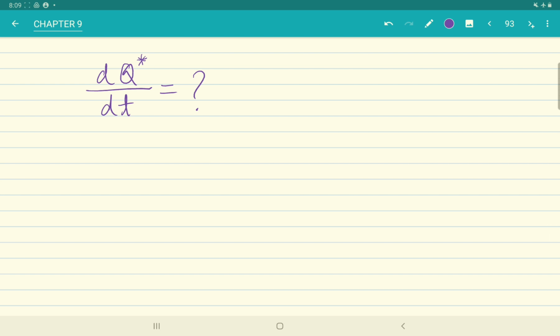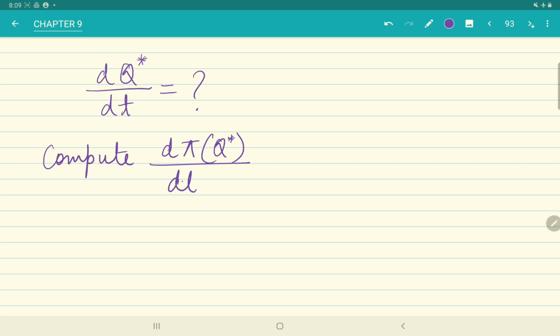Also, we have to compute d pi Q star by dT.